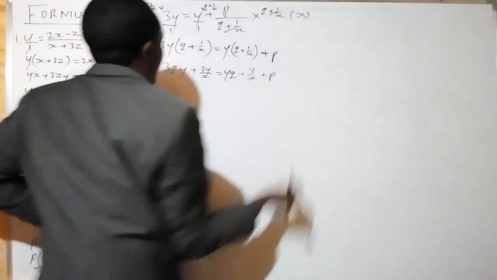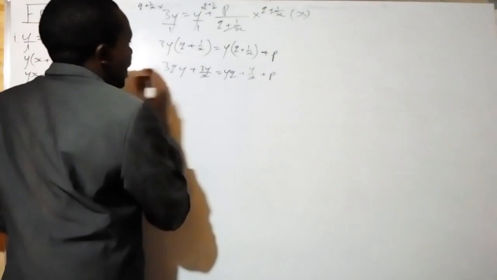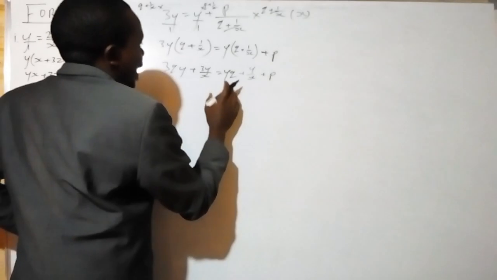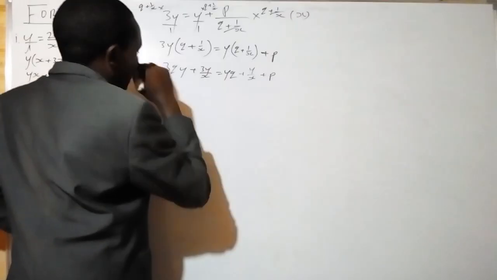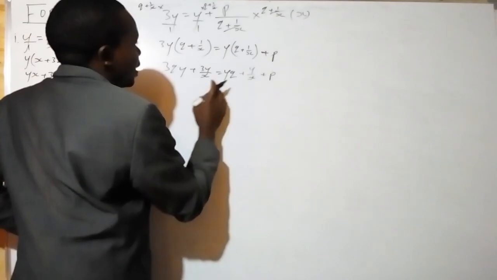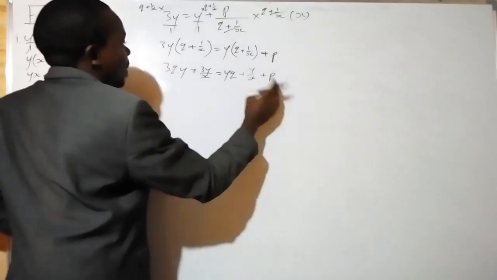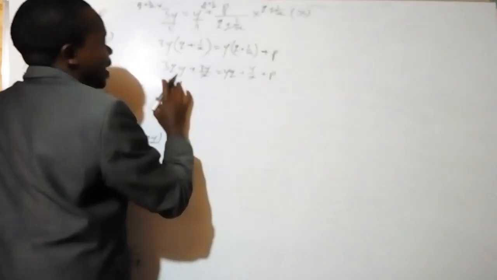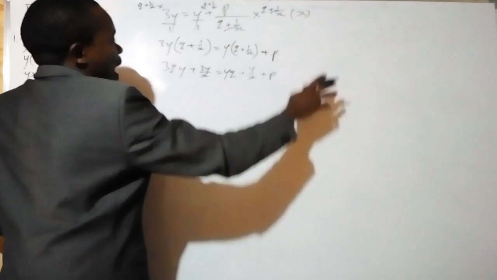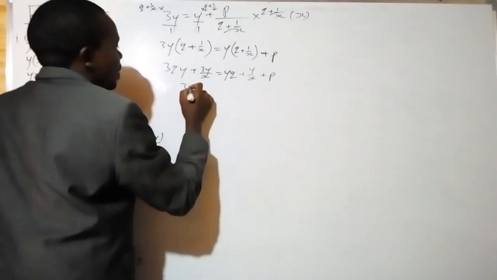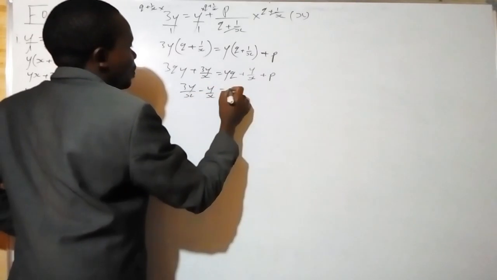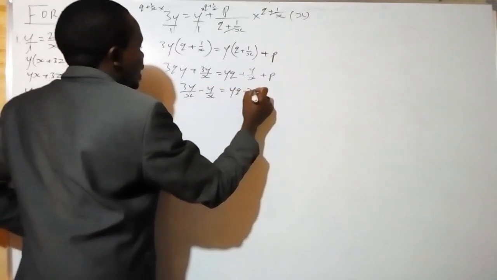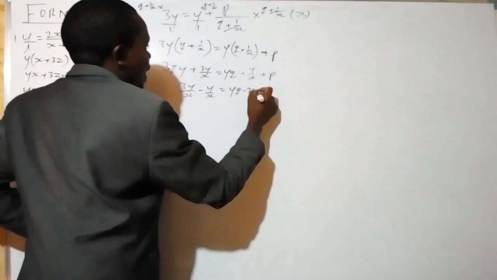Like terms, I can see 3qy and yq. The values with x, we take them from right to left, and the non-x values we take to our right hand side. 3y over x minus y over x is equals to yq minus 3qy plus p.